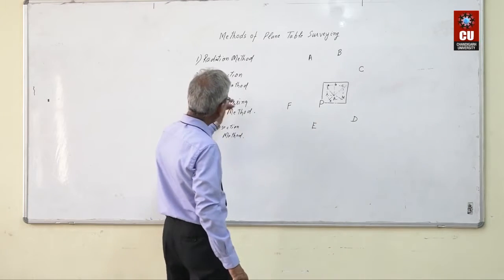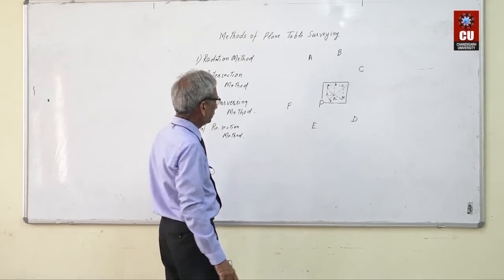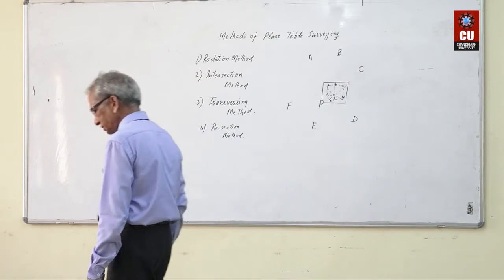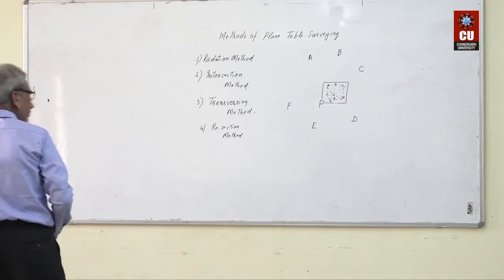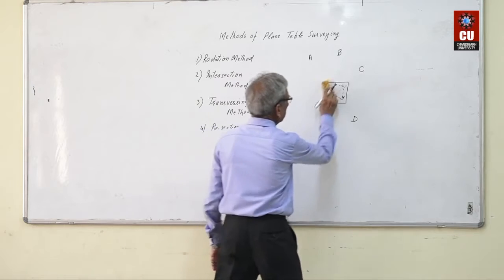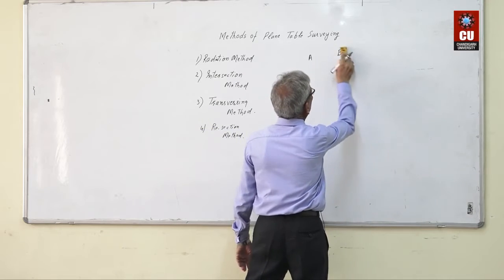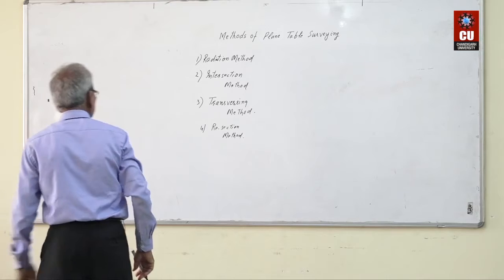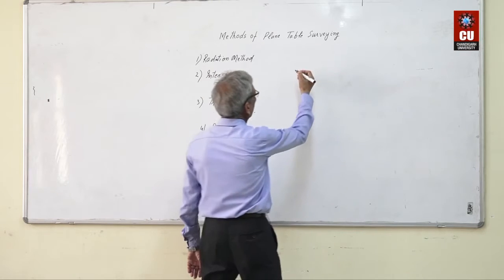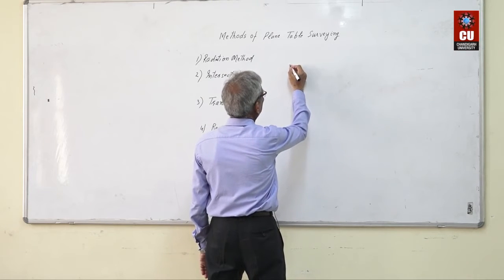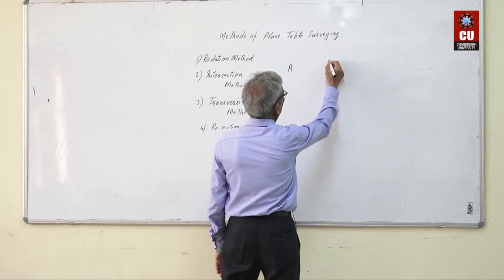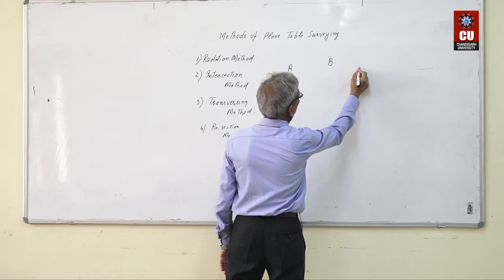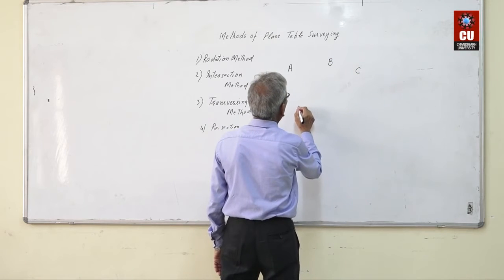Now, second method, intersection method. For the intersection method, we want to mark point A, point B, point C on our drawing sheet.